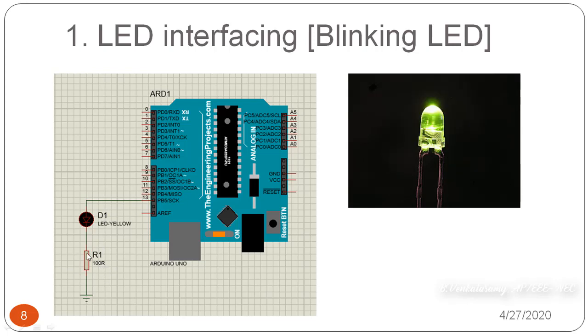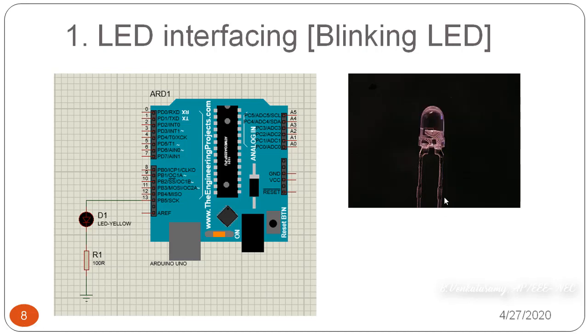The rated voltage of the LED is 2.2 volts while the output of Arduino is 5 volts. So to drop the remaining 2.8 volts, a 100 ohm resistance is used here. So we are going to write a program for blinking the LED like this with a 1 second delay.